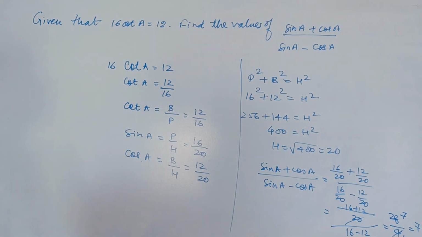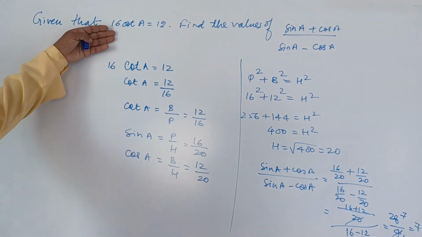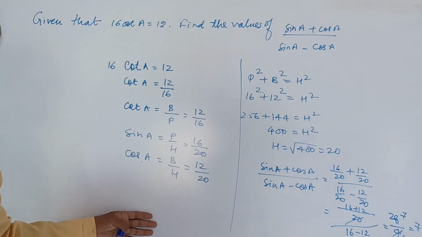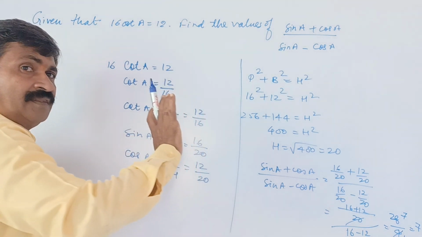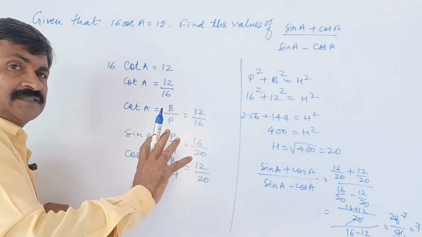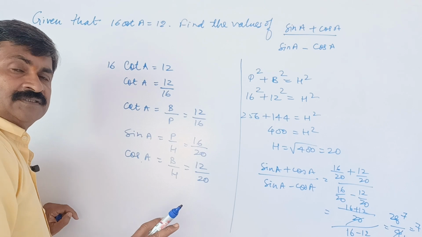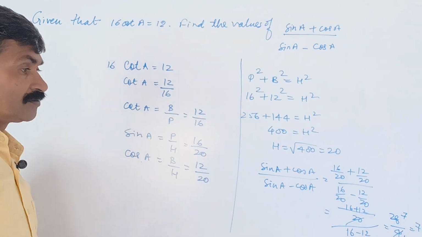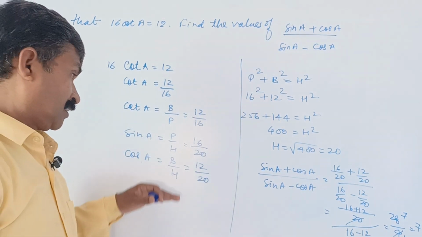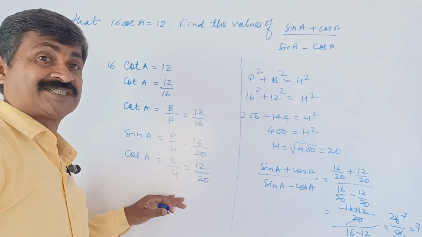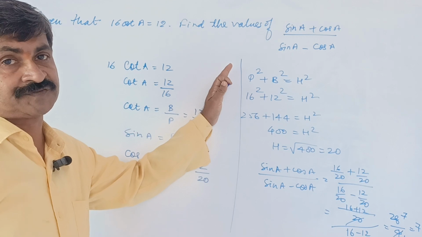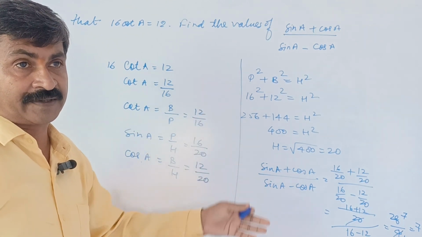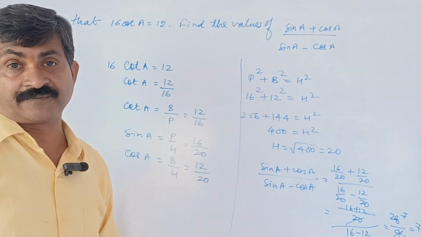So if we know the trigonometric ratios, then we can easily determine the given equations or given values. Okay, so this way we can do the questions by knowing the trigonometric ratios, and you should always remember this Pythagoras theorem, which will be helpful to determine maybe perpendicular, maybe base, maybe hypotenuse.